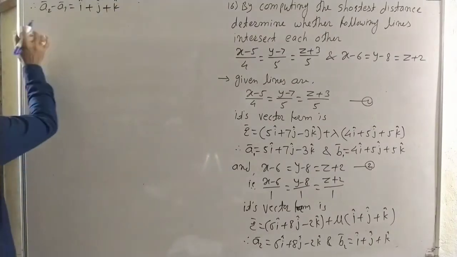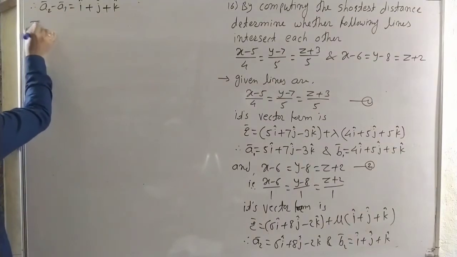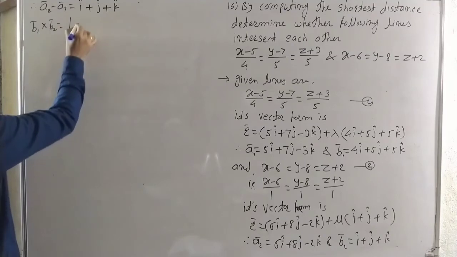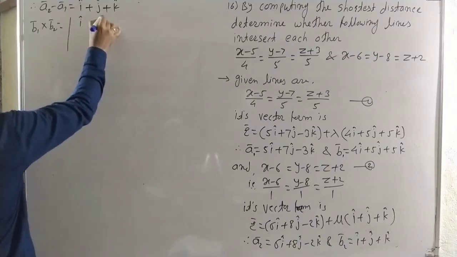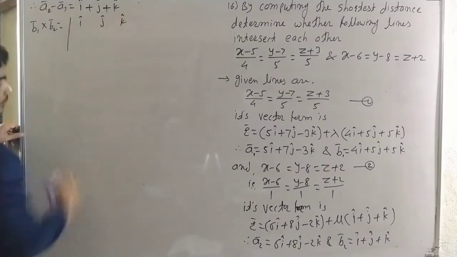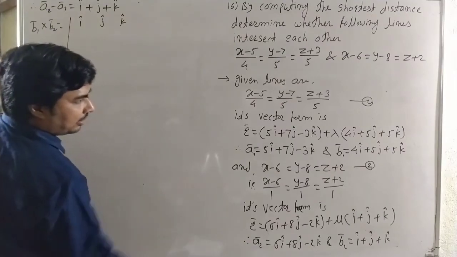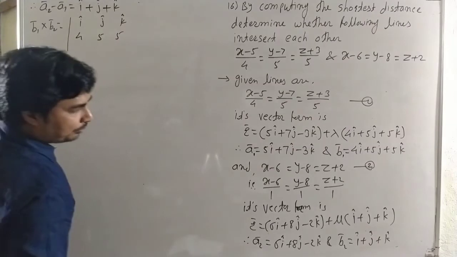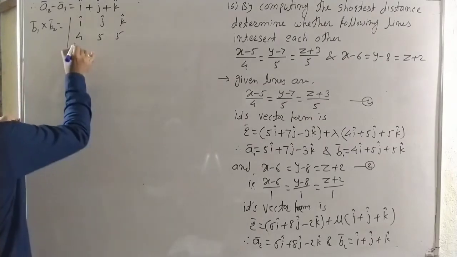Now we find b1 cross b2. With i cap, j cap and k cap, then b1 is 4, 5, 5 and b2 is 1, 1, 1.